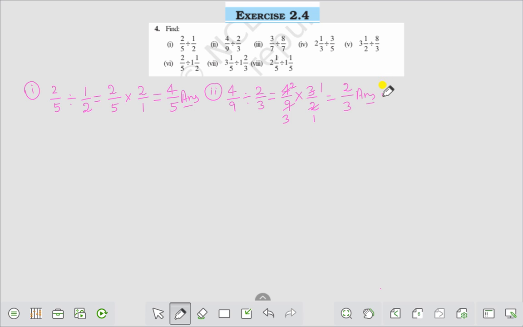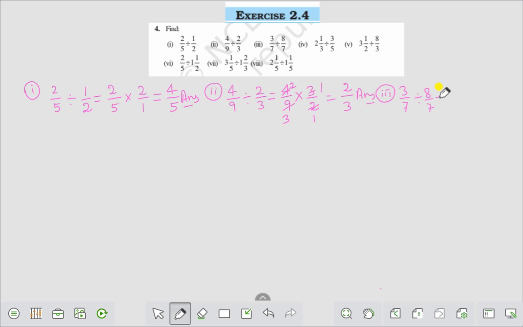Now question number 3 is 3 by 7 divided by 8 by 7.